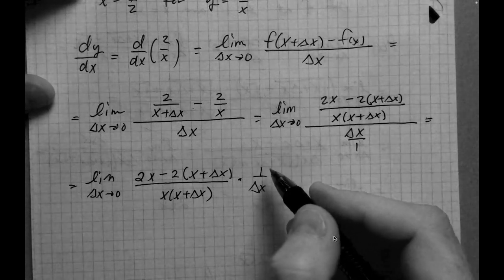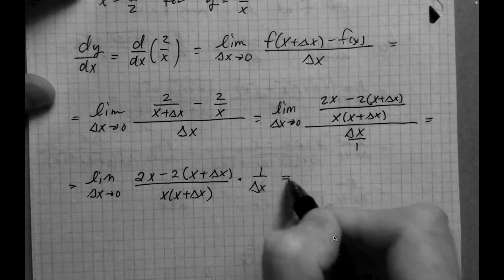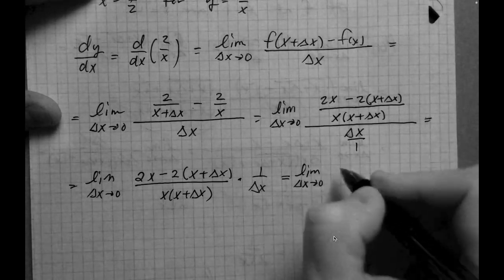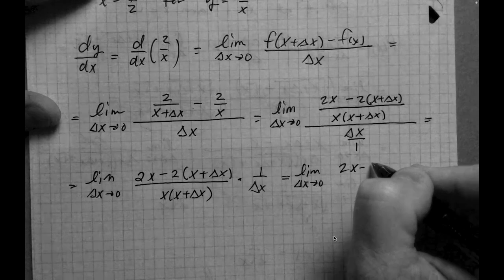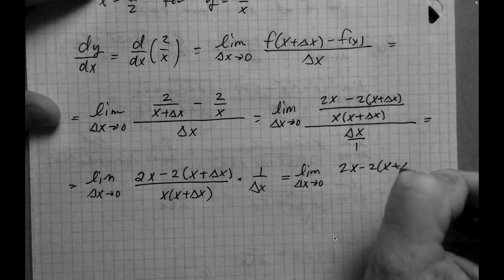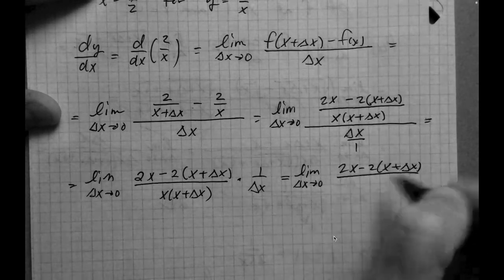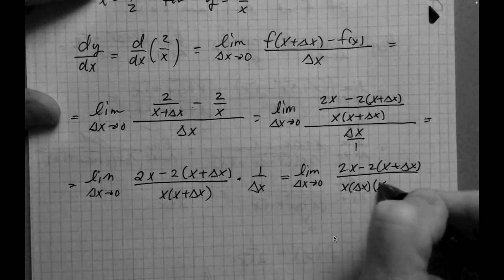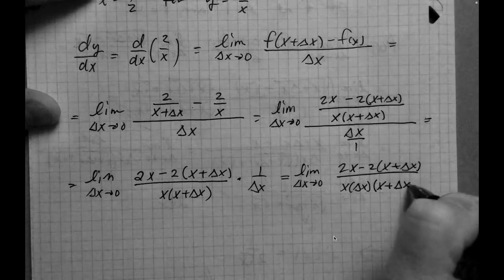And so we combine all of these things together: the limit as delta x goes to 0 of 2x minus 2 times x plus delta x, all over x times delta x times x plus delta x.